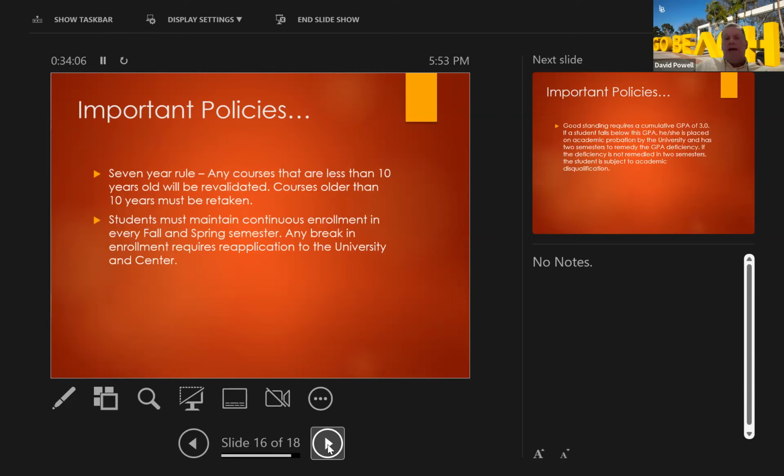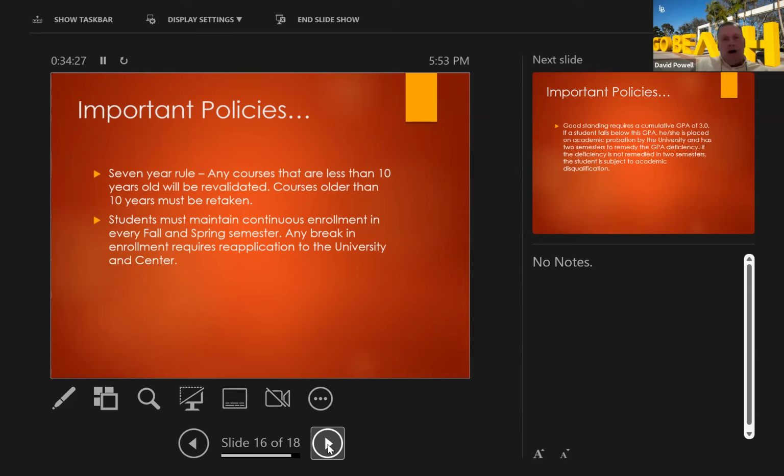The university has a 7-year rule: from the time you enter your program, you have 7 years to finish your degree. Now, if you exceed those 7 years, then your courses basically become unusable.